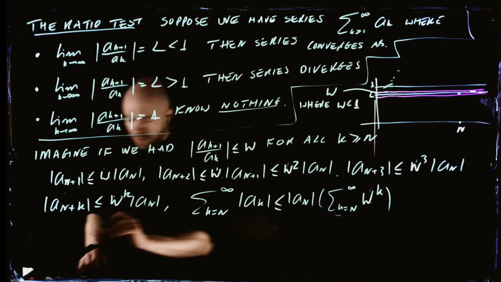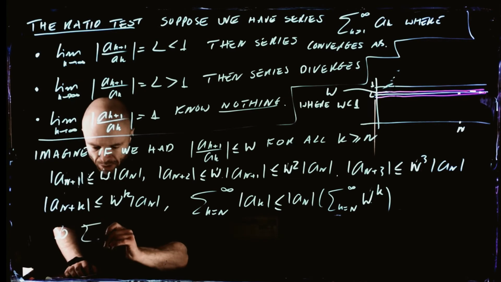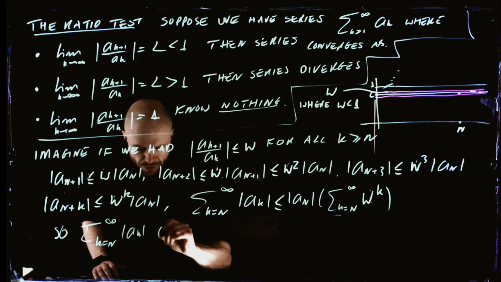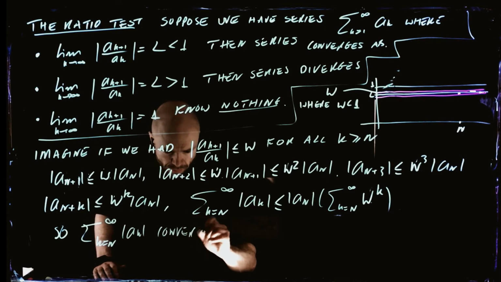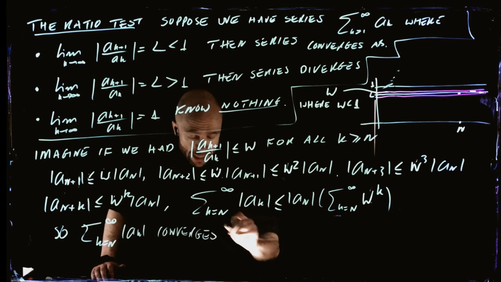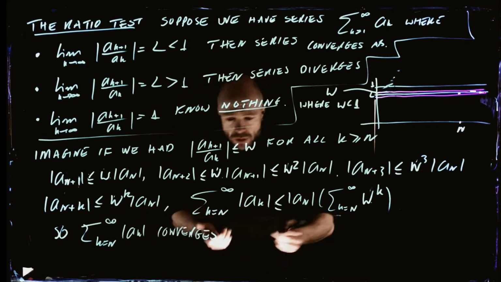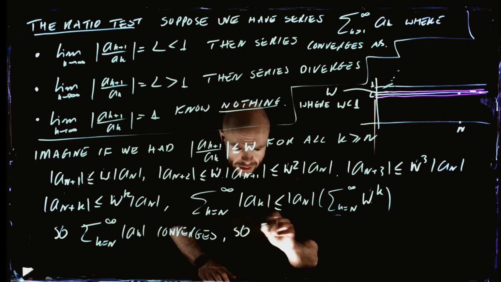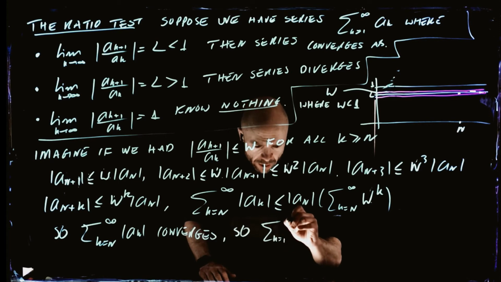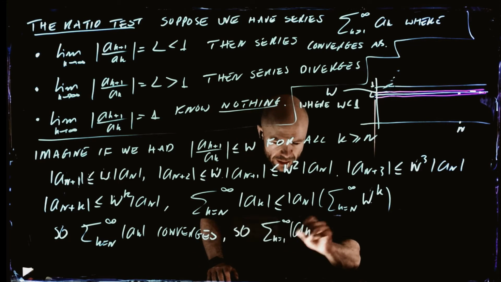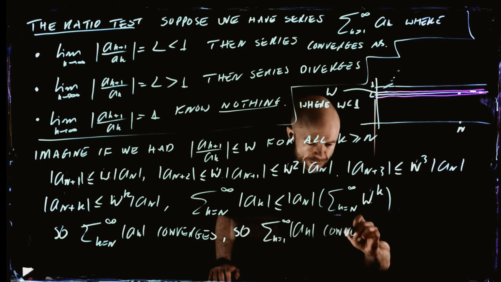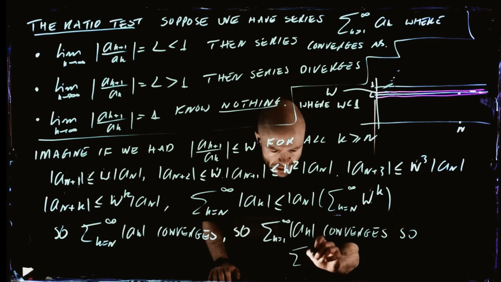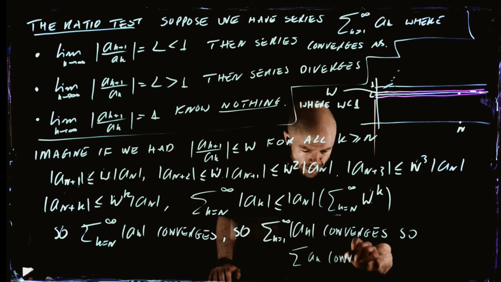So the sum from k equals N to infinity of a_k converges. And since the first N minus 1 terms do nothing to change its convergence, the entire series, the sum of the absolute value of a_k from k equals 1 to infinity, converges. Therefore the sum of a_k converges absolutely.